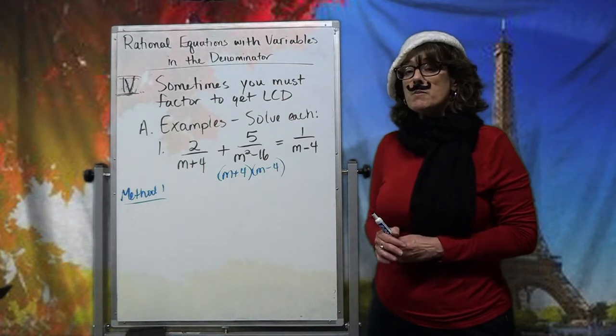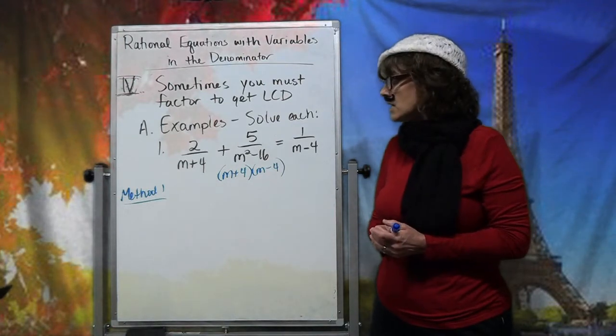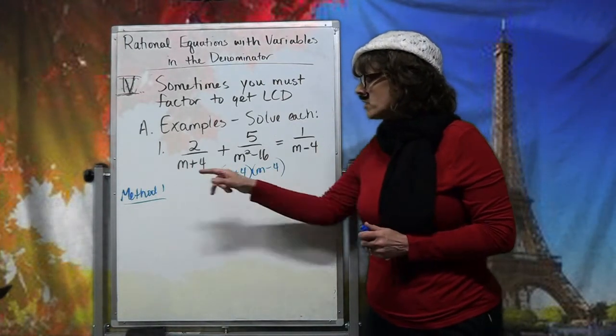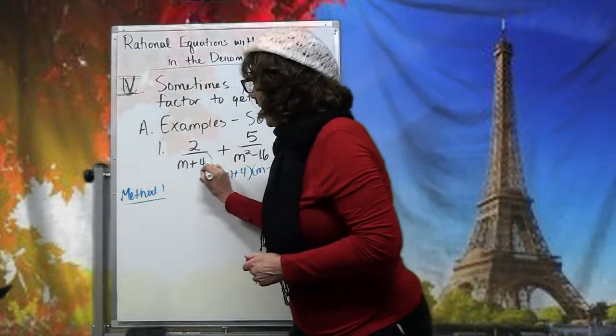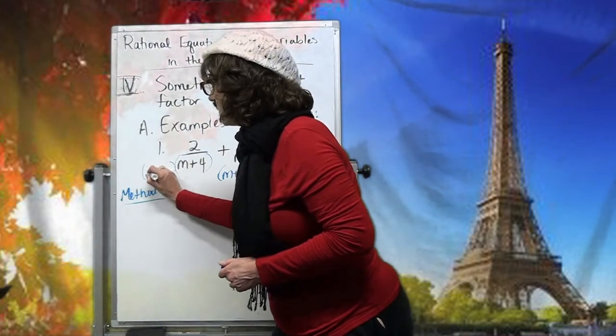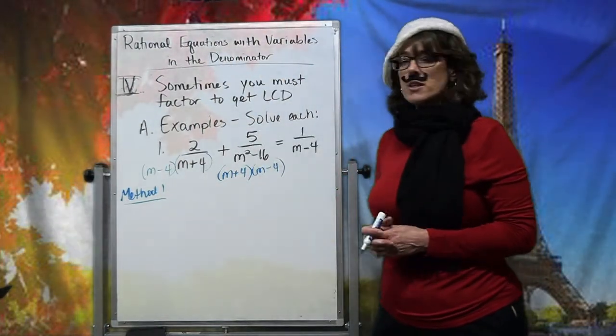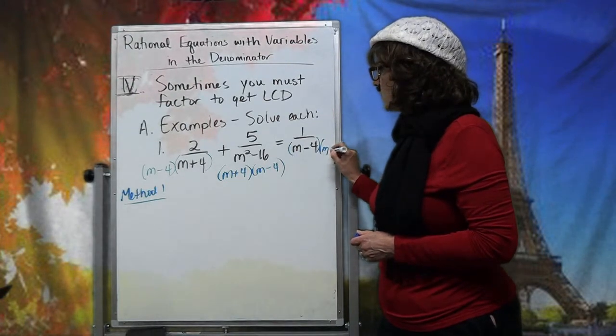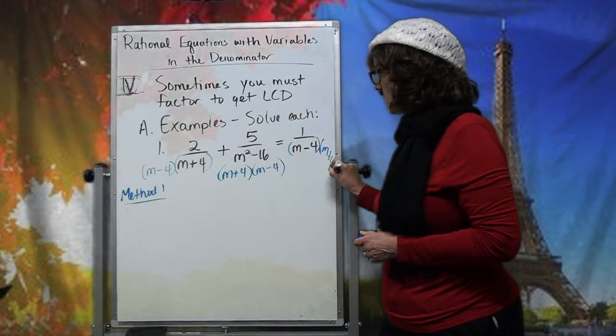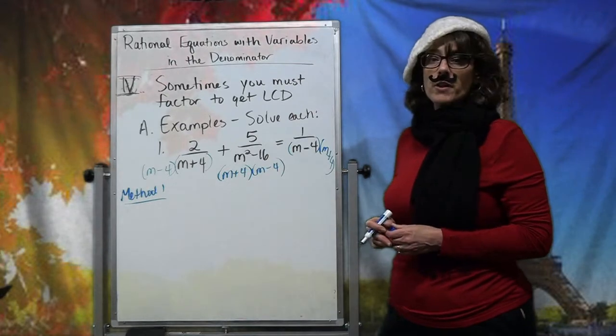So now when it comes to needing to find that LCD, I'm going to look at each one of the denominators and I'm going to say, now wait a minute. If this one had an m minus 4, it would look just like this one. And if this one had an m plus 4, it would look just like all of them.